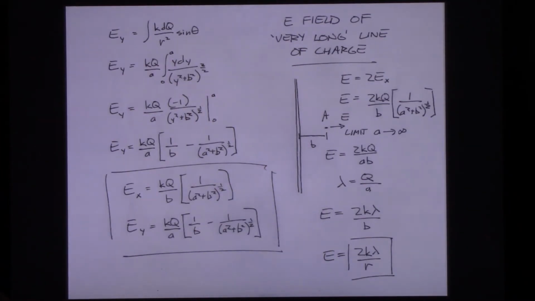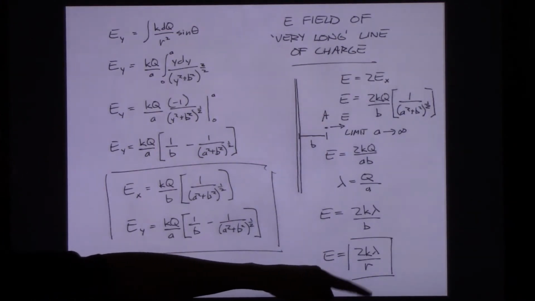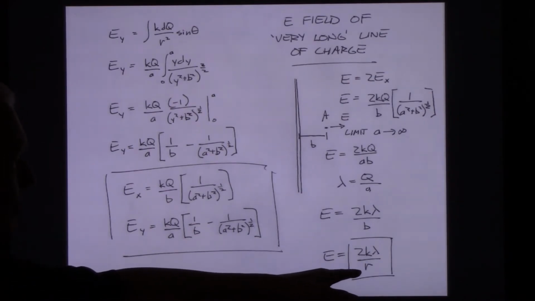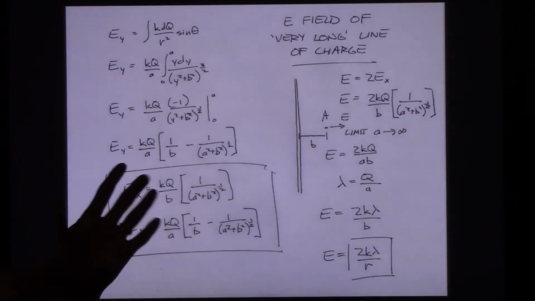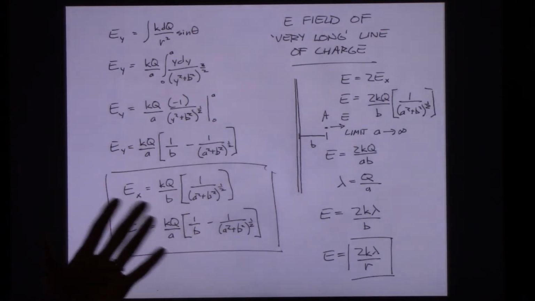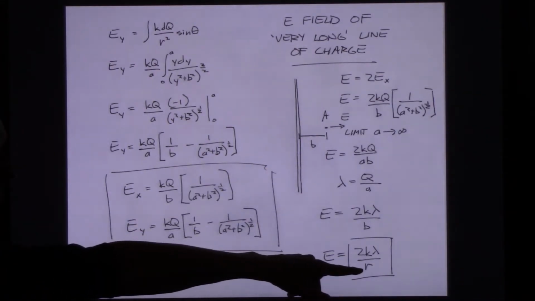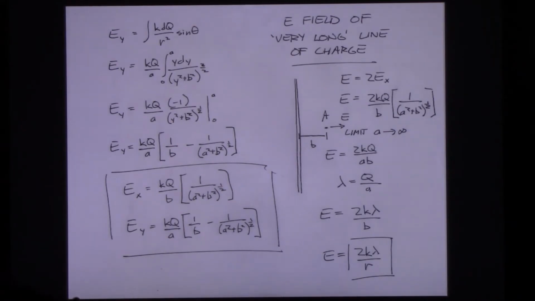Now, once we've finished the problem, I'm going to take b and turn it back into a variable. I solved the problem for one particular distance b, but now I want to let b be a variable. This formula tells me that as long as I'm at some distance away from the line of charge, so that b, or little r, is very small compared with the length, this will be a useful approximation.